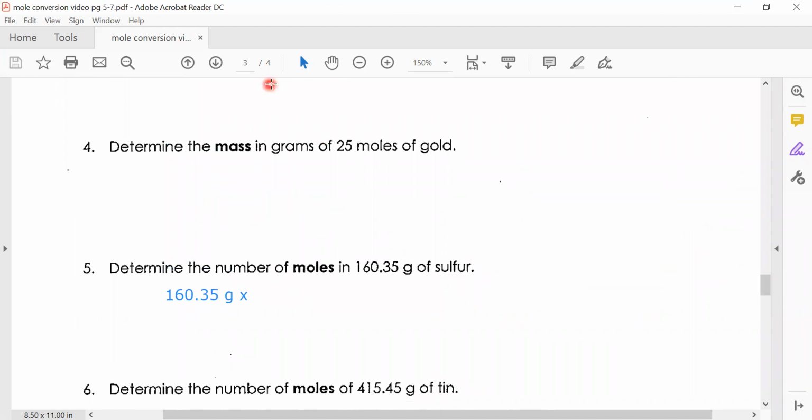And I'm going to say times, I'm going to put 1 mole on the top. And I'm going to put 32.065 grams right here.